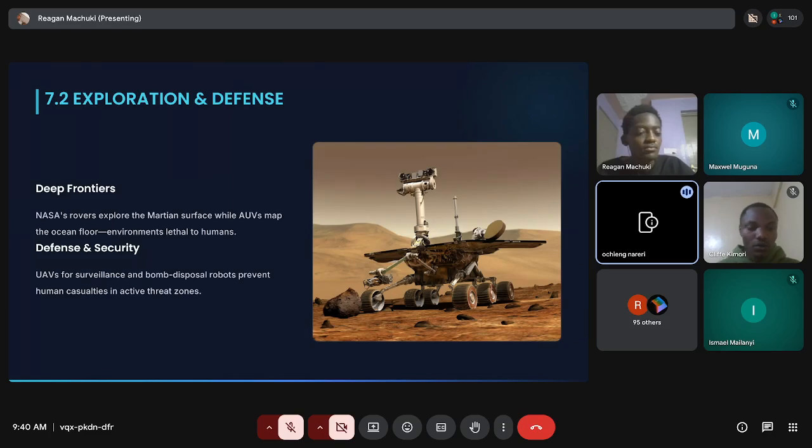So, NASA has rovers that explore the Martian surface, and AUVs map the ocean floor, which are environments that are lethal to humans. They're also used for defense and security. UAVs for surveillance and bomb disposal robots prevent human casualties in active threat zones.